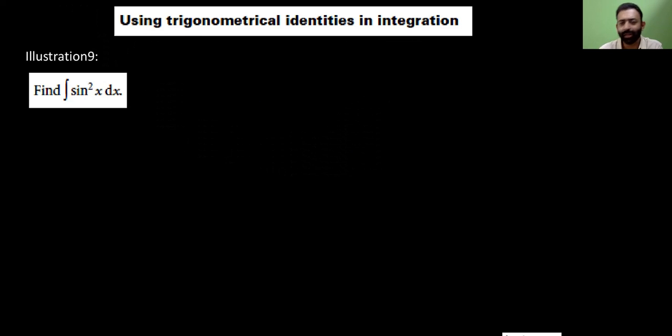So my point is, we have to convert these into double angle formulas by using the fact that cos 2x has three formulas: cos square x minus sine square x.